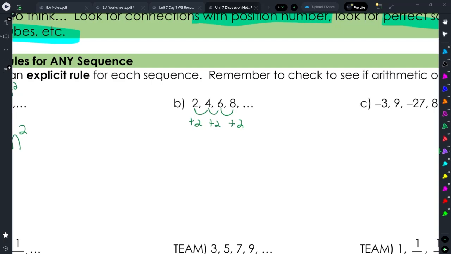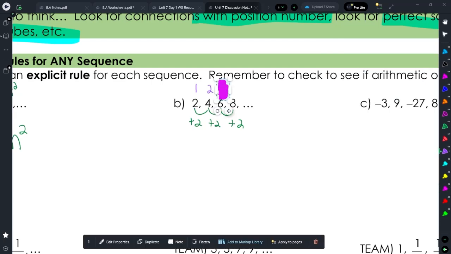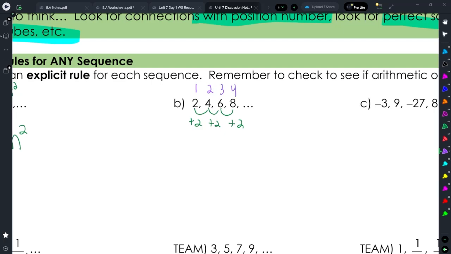Now you could set up the formula, or one of the shortcuts is to say, okay, if this is my first term, and this is my second, third, and fourth term, my b value is going to be what happened before here. Like, what was the term right there that I added 2 to get 2? That would be 0. So our b value is 0.